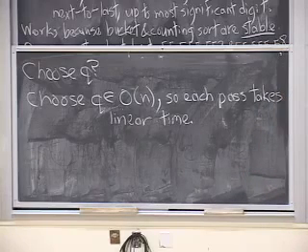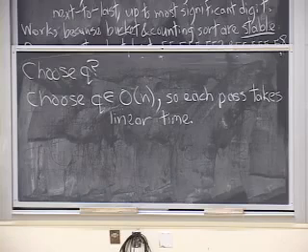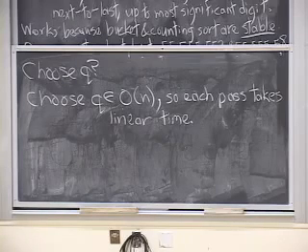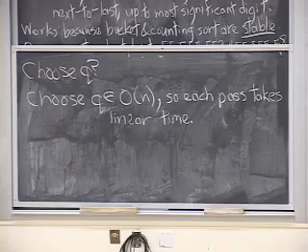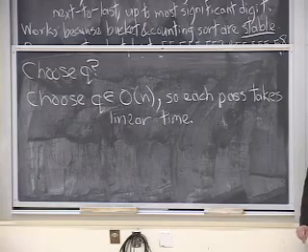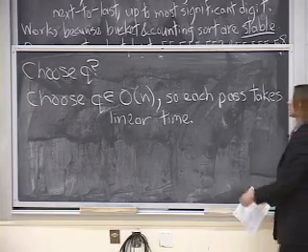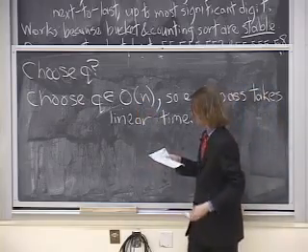On the other hand, we want Q to be large enough to make this part small. The bigger Q gets, the smaller the number of passes is. So we want to choose Q as big as we can, subject to this constraint.